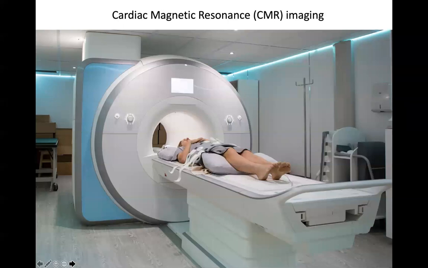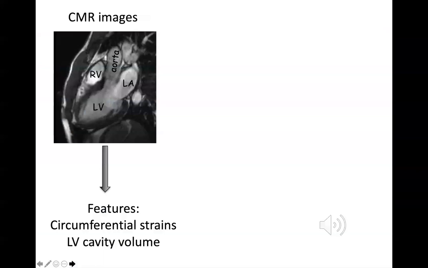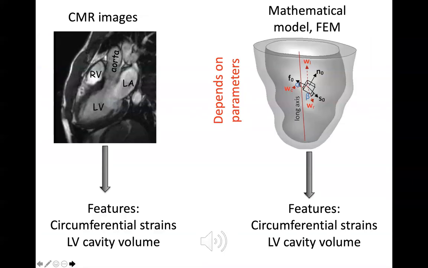Now we obtain the CMR scan from a patient. From the CMR scans, we extract the circumferential strains for the landmark points, and we also extract the cavity volume of the left ventricle at end of diastole. Then we use the mathematical model to predict the same features, the 24 circumferential strains and the left ventricle cavity volume at end of diastole.